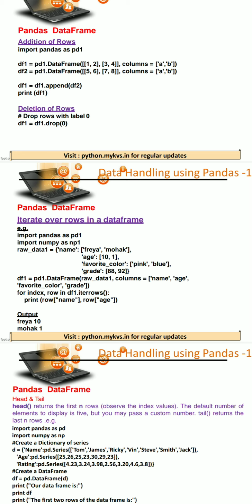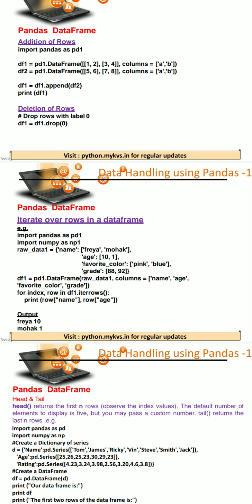So to iterate over a data frame, first of all you have to create a data frame. Then for iteration purposes we generally use a looping statement. Here we are using the looping statement for index comma row in df1 dot iterrows. Iterrows is a method which returns a single row on each iteration. So the first time it will return index position 0 and row.